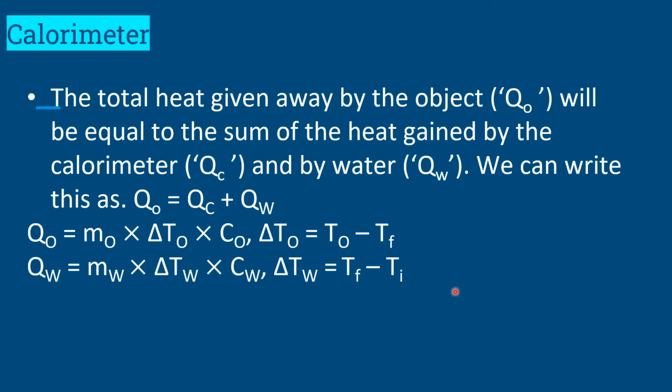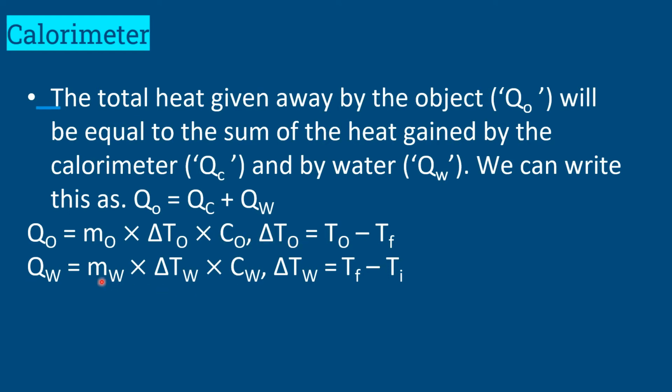Temperature change of water will be, first it will be at Ti and then it will go to Tf. So temperature change will be Tf minus Ti. Now temperature change in the object will be To minus Tf instead of Tf minus To, because the temperature of the object is greater than the final temperature. So the initial temperature of the object is greater. That is why we do it in this way, since we should not get a negative sign over here.